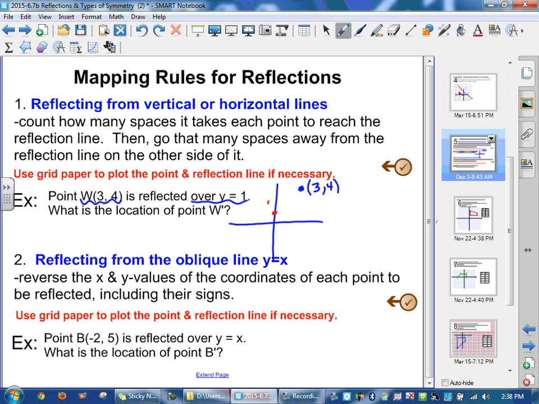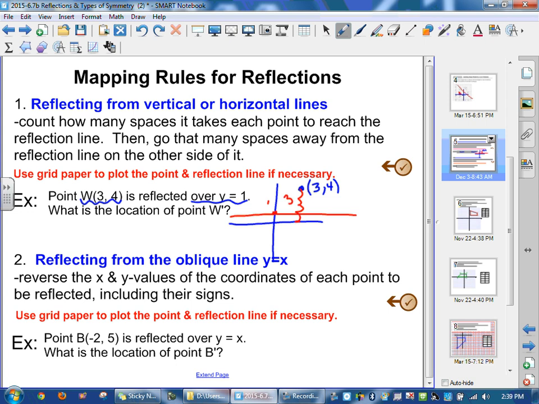That's my reflection line. Now, which number of my numbers, 3 or 4, is going to change? The 3 or the 4? The 4. Because I'm going to count how many spaces it is away from the line. And what do I notice? It's 3 spaces away from that line. So now I'm going to have to go 3 spaces again down here.